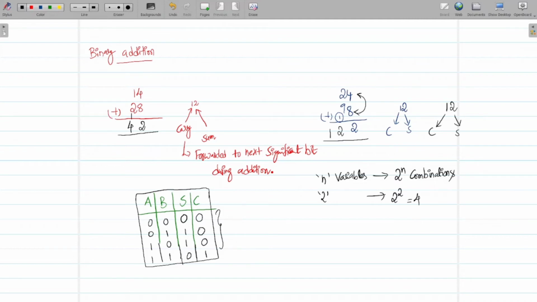This is the only thing you need to keep in mind, which is very important. In binary addition, if you want to add two ones, the sum will be 0 and the carry is 1. This is a very important thing that we need to keep in mind.